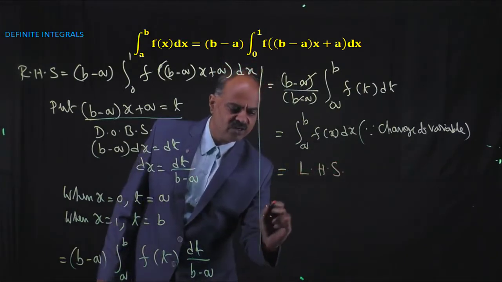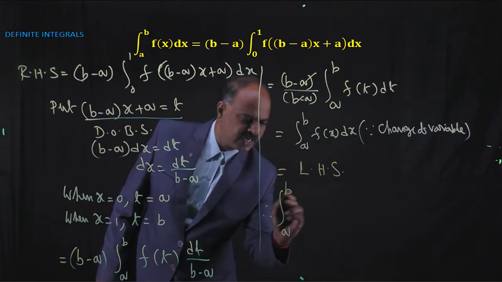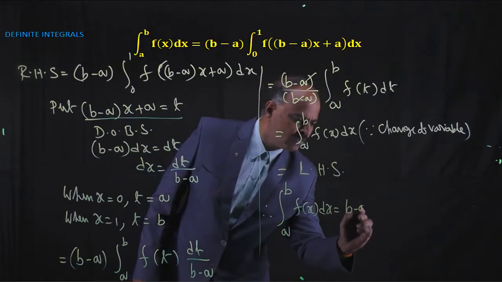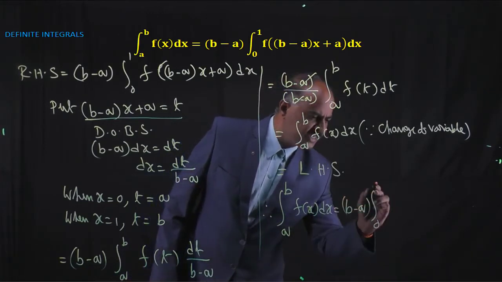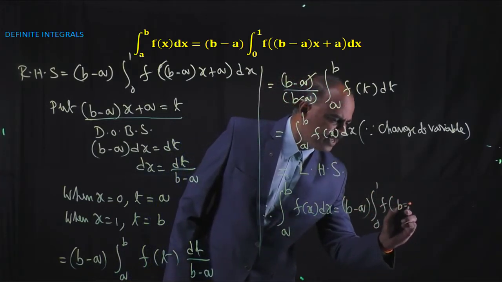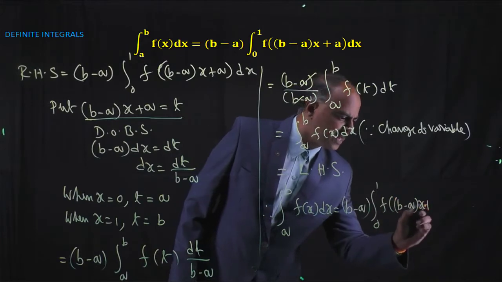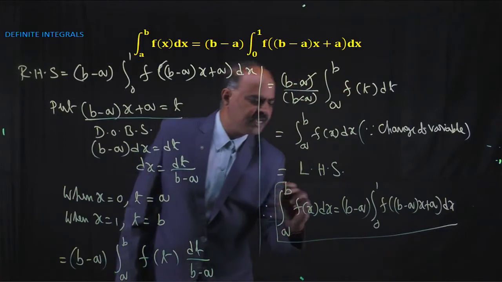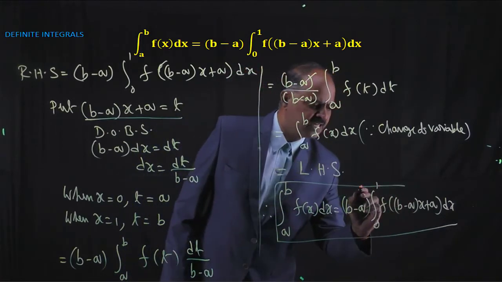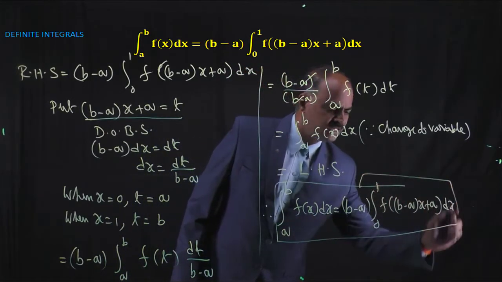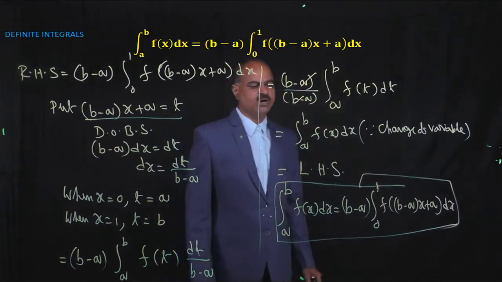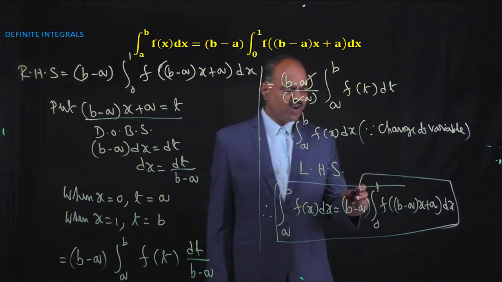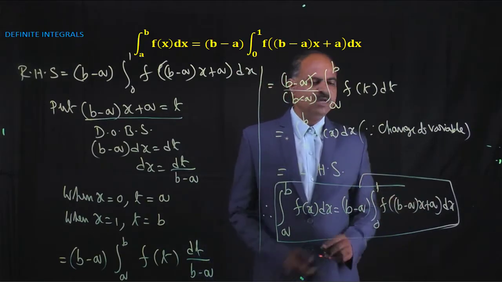Therefore integral a to b f of x dx equals (b minus a) times integral 0 to 1 f of ((b minus a) x plus a) dx. So finally integral a to b f of x dx equals (b minus a) times integral 0 to 1 f of ((b minus a) x plus a) dx.